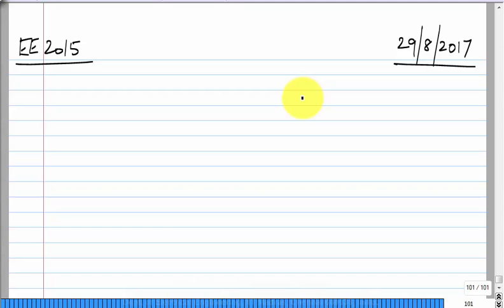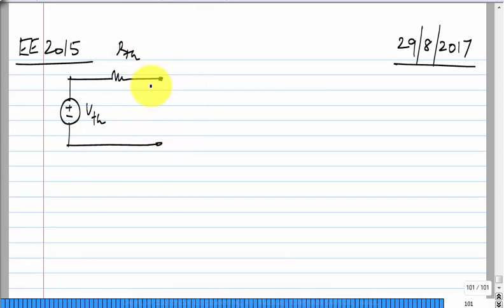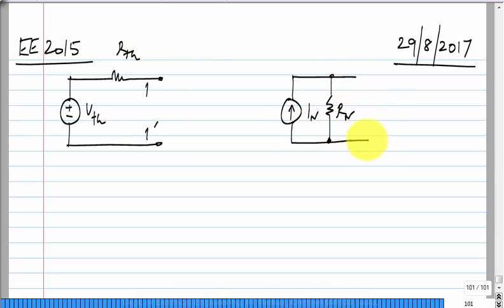Firstly, we do know that any network with independent sources and linear components can be reduced to a voltage source in series with a resistance, or a current source in parallel with a resistance.